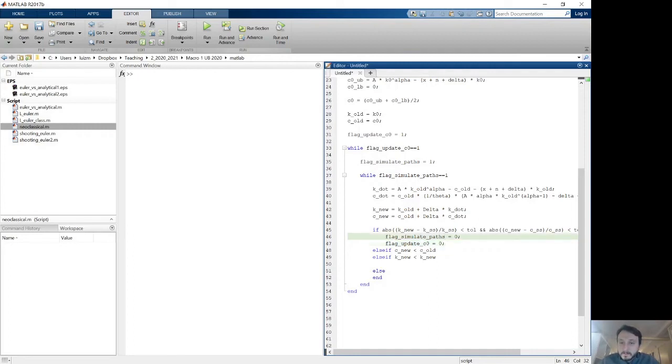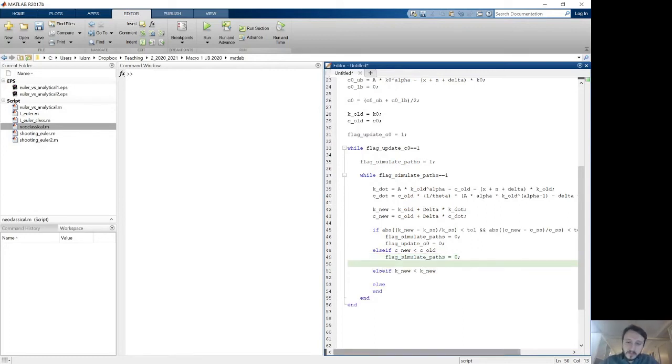Okay, if consumption starts decreasing, we don't want MATLAB to stop updating the initial consumption. Actually, that's what we want MATLAB to do. But we want MATLAB to stop simulating the paths. We already know that this was not the path that we want, so actually we make flag simulate paths equal to 0 here.